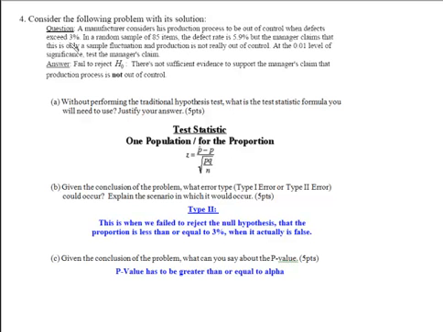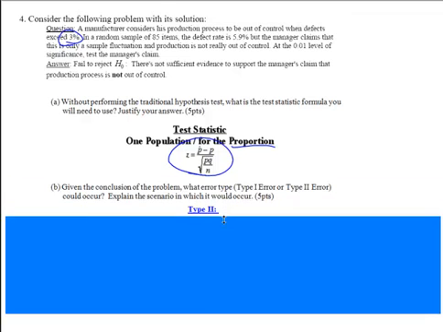It's talking about a proportion exceeding 3%, so this has to be a proportion parameter that we're studying. So it's a proportion, and the test statistic for a proportion requires a z-value or a z-distribution. So here is the formula that you would need to use for this problem.